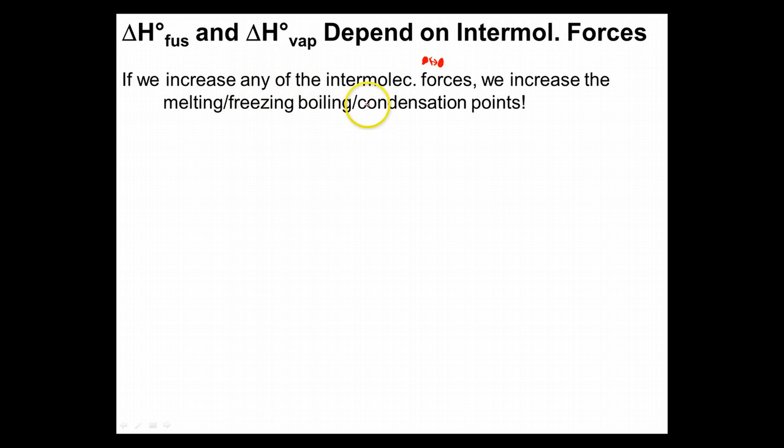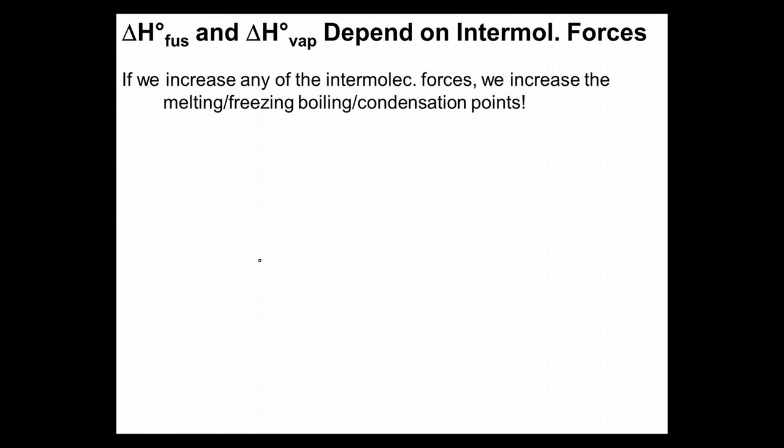And if we increase any intermolecular forces, we're going to increase melting, freezing, and boiling and condensation points. Well, why is that? Let's think through the process, and let's make it a little more specific. The amount of energy we have to give something in order to get away from its solid phase neighbor is going to depend on how well it sticks to its neighbor.